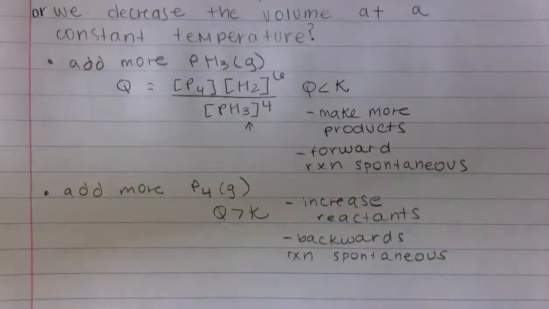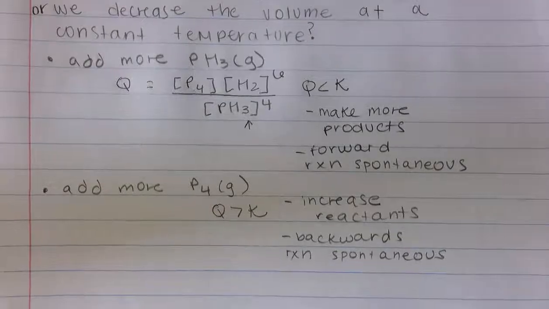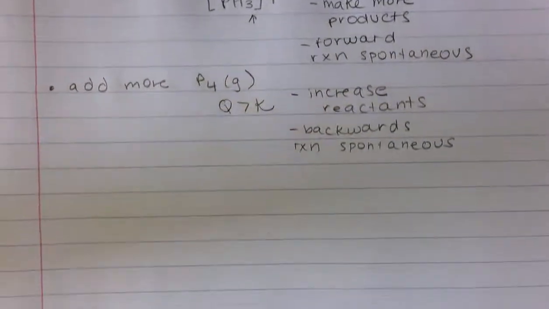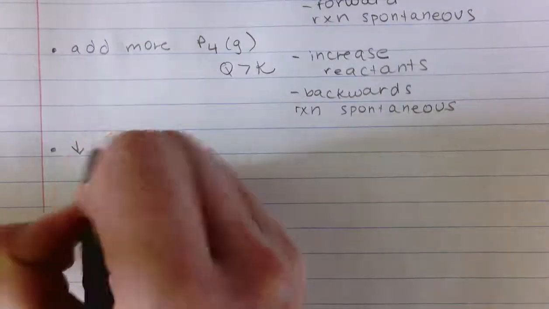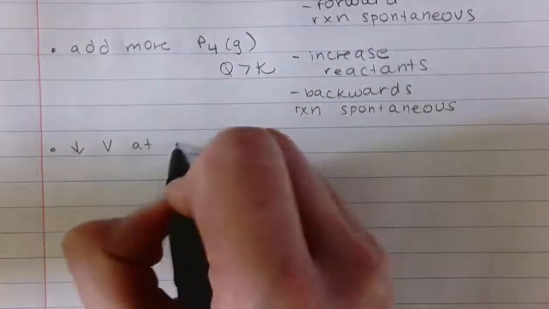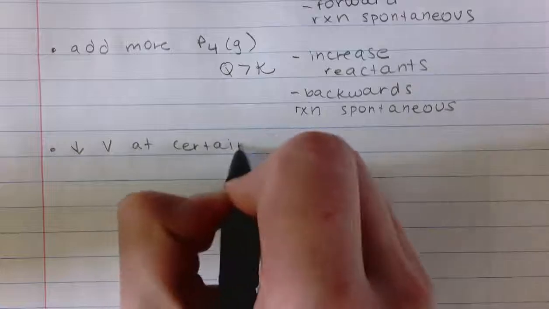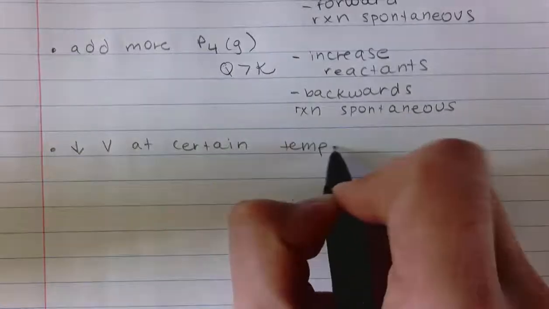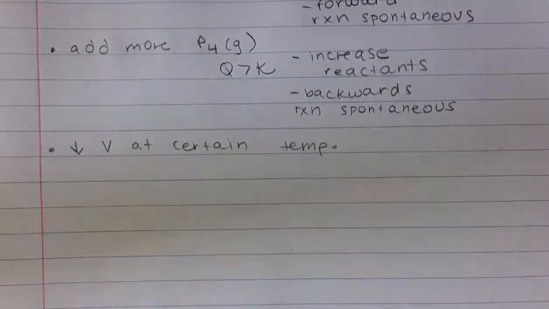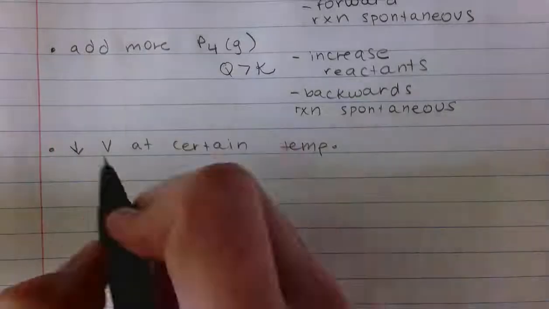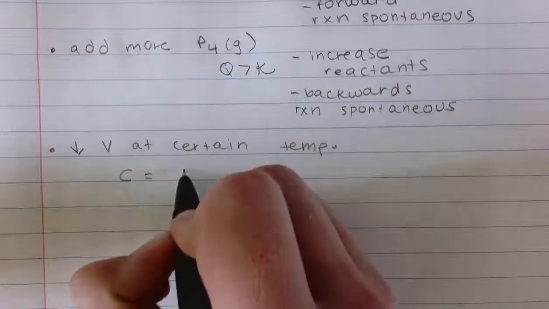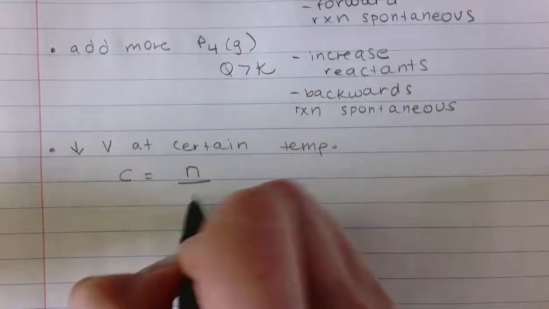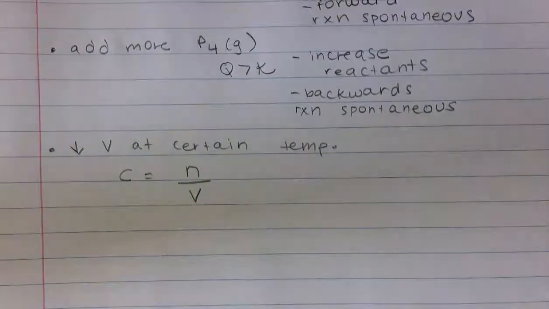So now we can go over what happens if we decrease the volume at a certain temperature. So we know that our concentration is pretty much just a number of moles over a volume. Those are the units of concentration.